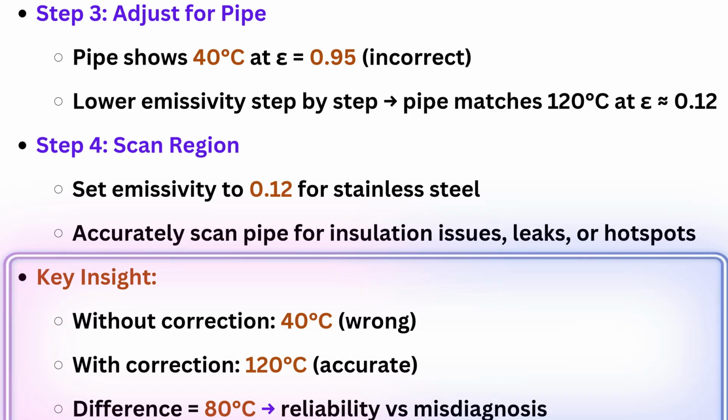My initial temperature of 40 degrees Celsius was the false temperature, and the original temperature for that shiny steel pipe is 100 or 120 degrees Celsius. That's the difference between wrong data and real, reliable diagnostics.